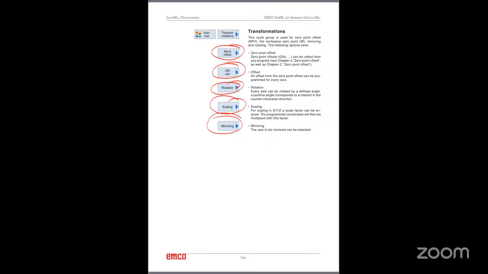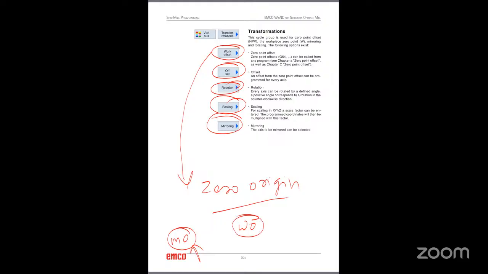Work offset, we have already discussed this work offset in the previous classes. Work offset means this is to define the zero origin point. So we have machine 0 point and we have workpiece 0 point, right? This machine 0 point is fixed. Without changing the machine 0 point, we can change the workpiece 0 point.